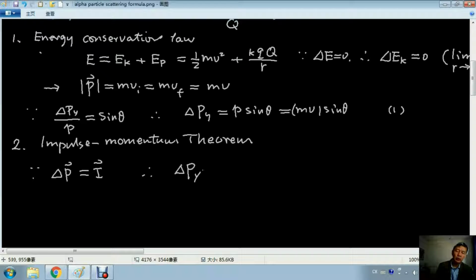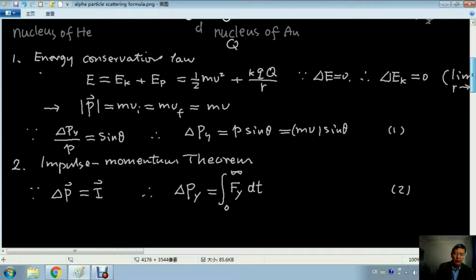We can simply write the change in the momentum along the y direction as the F y component times dt, integrated from the beginning to the end of the scattering. So this is the second equation, which comes from the impulse momentum theorem.